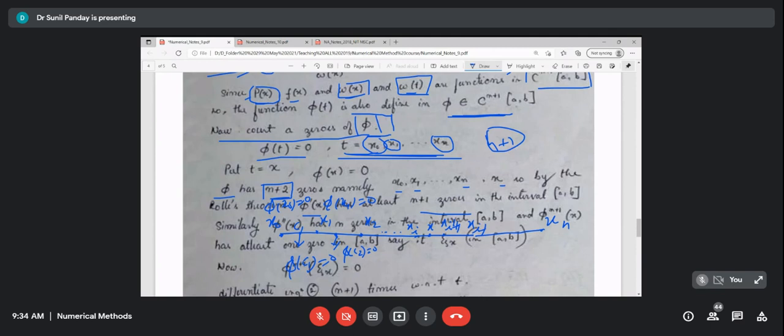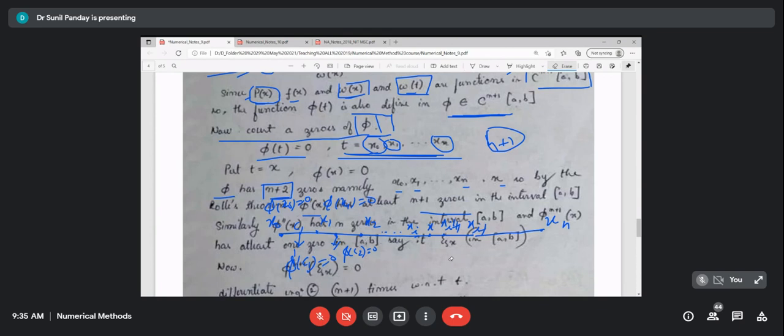So here we have n plus 2 points, and between every pair of points we have 1 zero of the function phi dash. So it means we have n plus 1 zeros of this phi dash function, because phi dash(c_1) is 0.